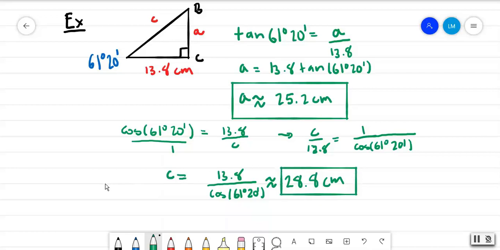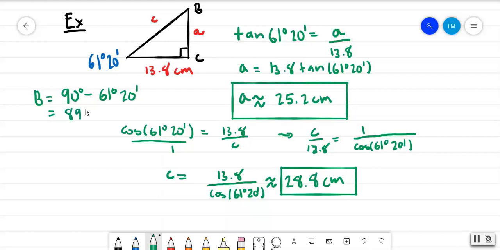Now, let's find angle B. Angle B can be found by taking B equal to 90 degrees minus 61 degrees and 20 minutes. Some of you have asked how do I know how to do this? My simple answer is that it's kind of like borrowing.